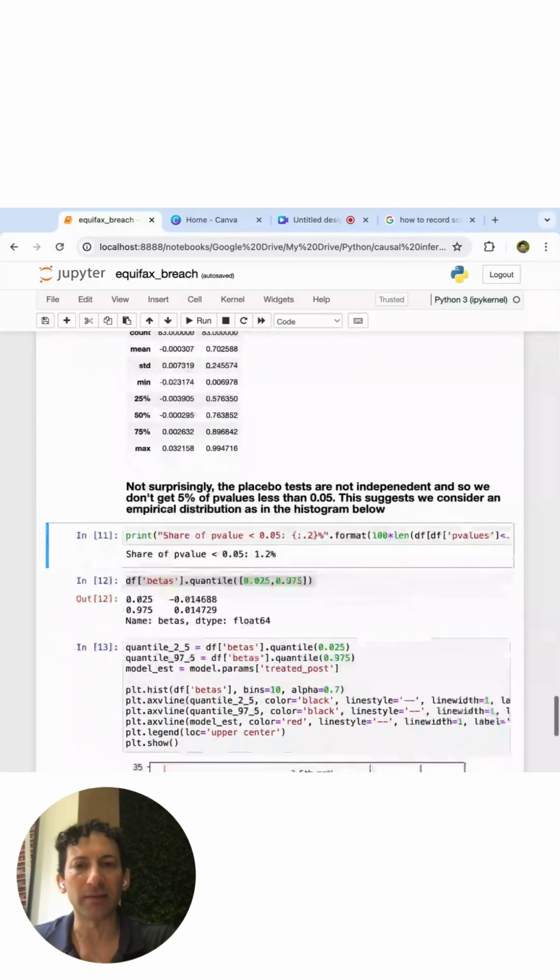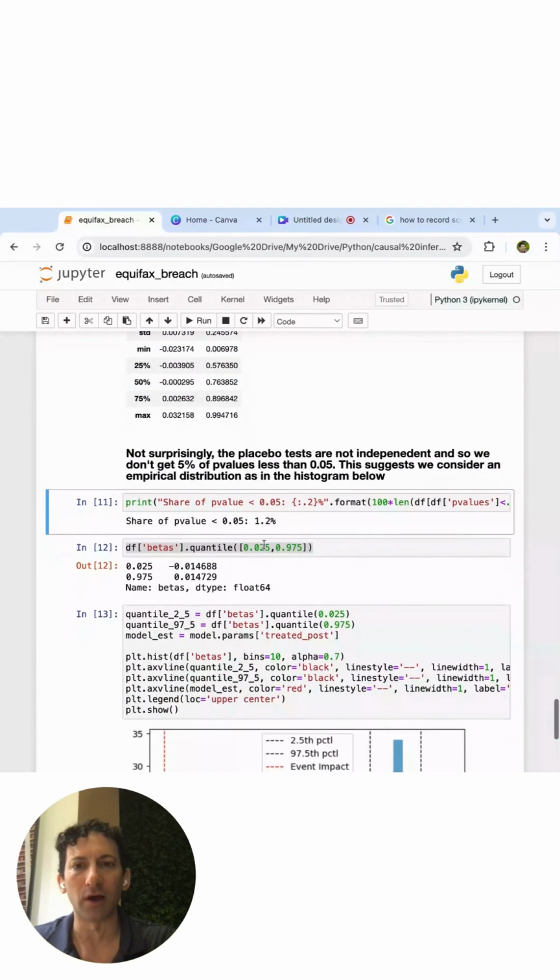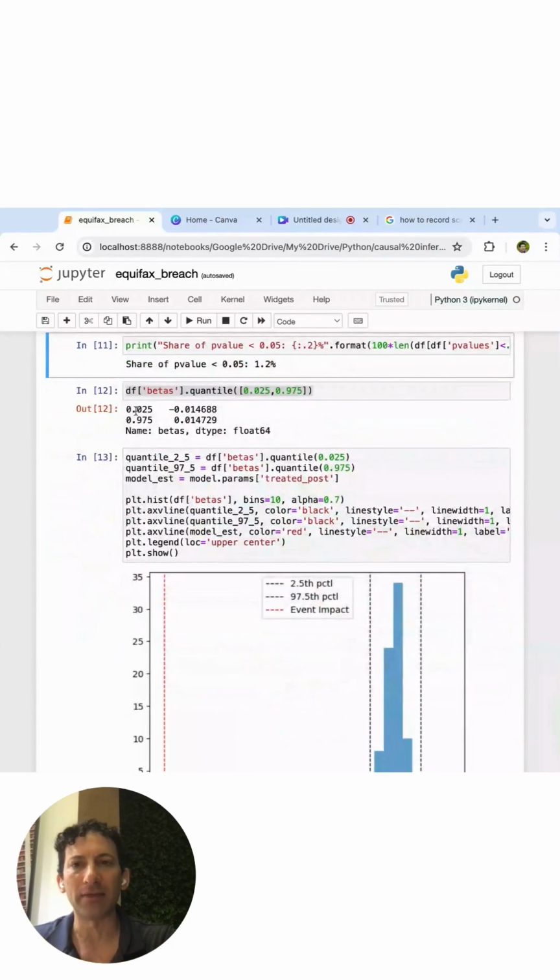But we can get an empirical distribution of the estimates. And what we see is that the 95% confidence interval of the estimates, again, this is all placebo before the event happened, is between negative 1.5% and positive 1.5%. That's basically what we would expect daily volatility to be from the model.